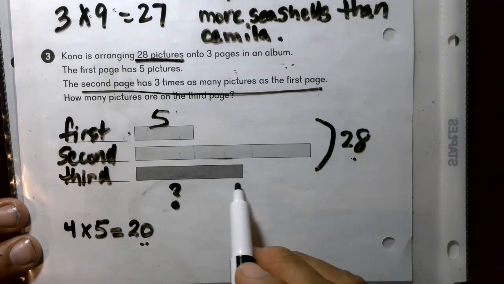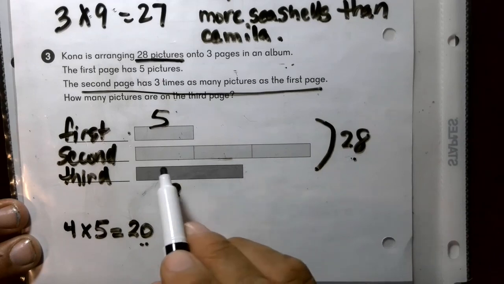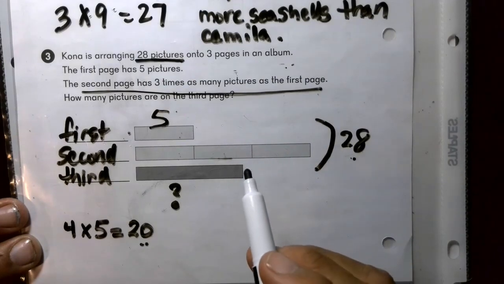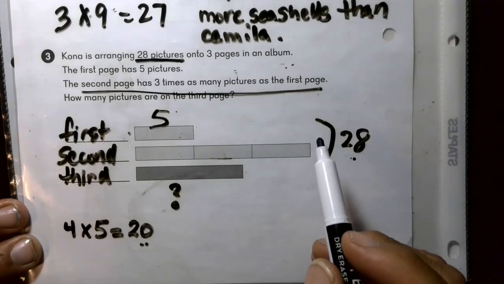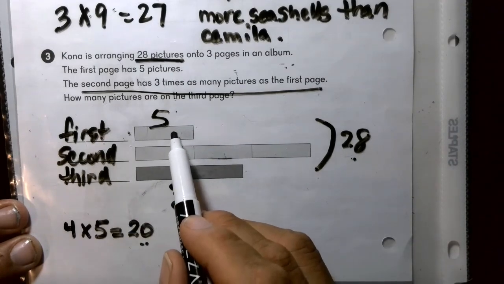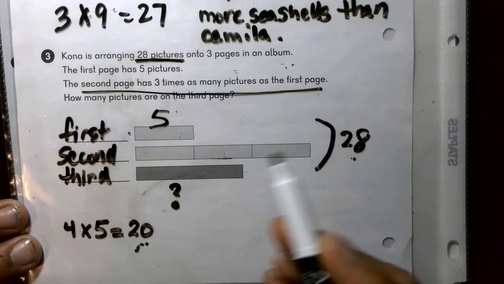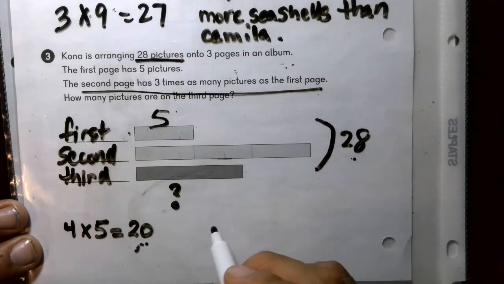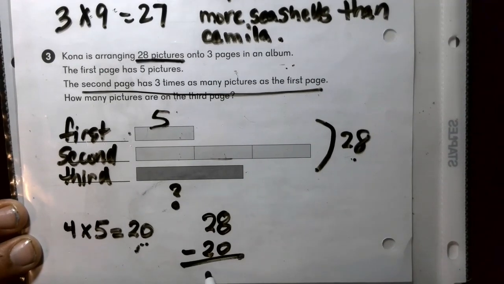And notice, look at the third. The third here does not exactly match up to a unit. So what could I do? If you said I can find the difference, that is correct. So 1, 2, 3, 4 is a total of 20 pictures, correct? So I'm going to take the total number of pictures, which is 28, subtract 20 pictures from that, and that gives me what? 8.